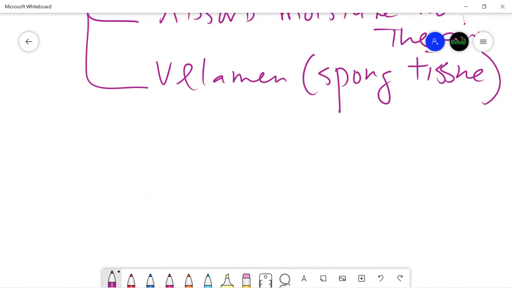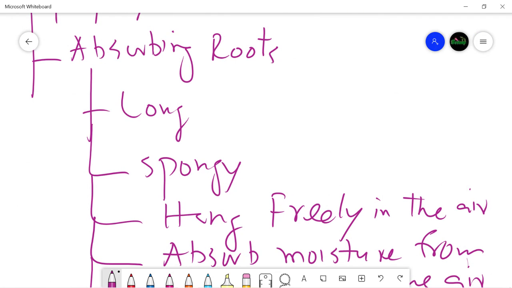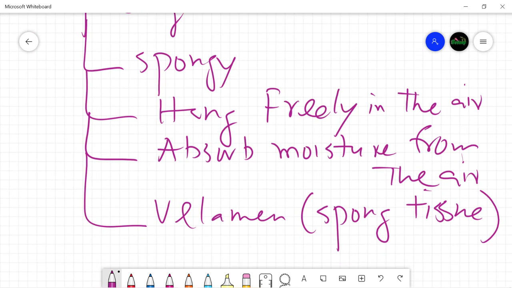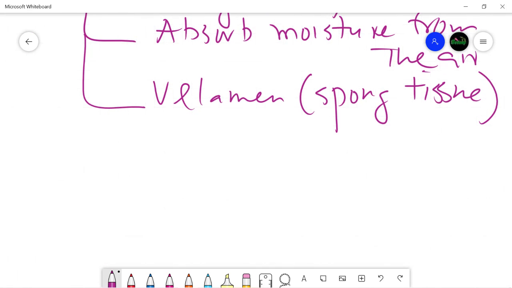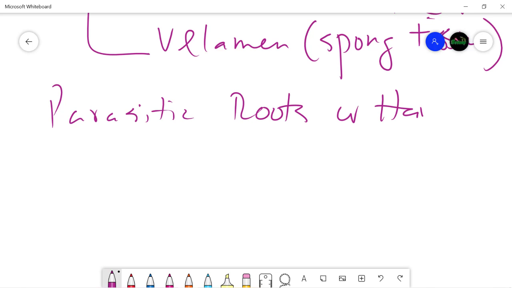Now these absorbing roots are one kind of absorbing roots, found in orchids in thick forests, containing this dead velamen spongy tissue. The other kind of absorbing roots are the parasitic roots, or what we call haustorium or haustoria, from the Greek haustorium, to drink.